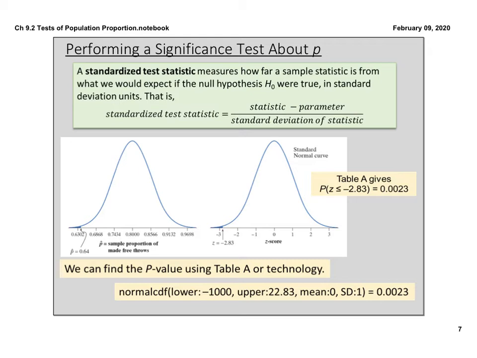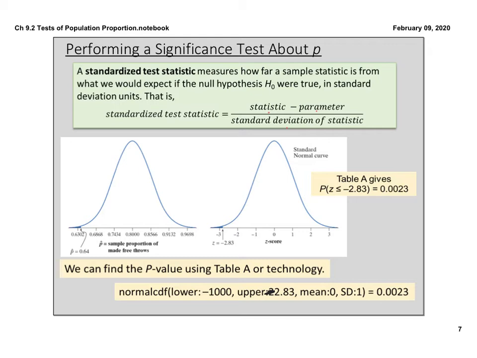So the test statistic is the same as finding a z-score. You do the statistic minus the parameter, divided by the standard deviation. And again, some people use technology. If you were using technology, you'd use your normalcdf, and this is a negative 2.83.